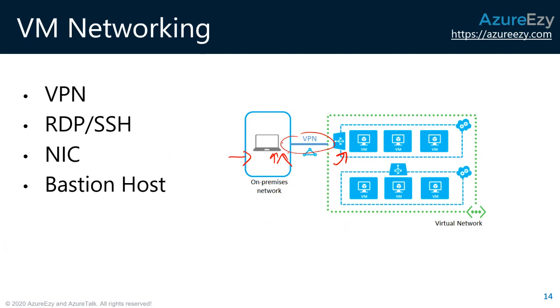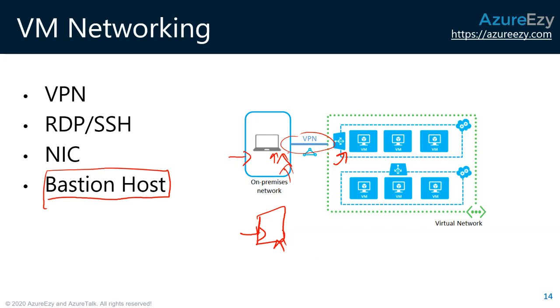Now, suppose you don't want to go into this configuration. You don't really want any custom configuration on your laptop. You don't have that, or maybe you don't want to do that. In that case, you can deploy a service which we call Bastion host in your virtual network. This can be a jump server.